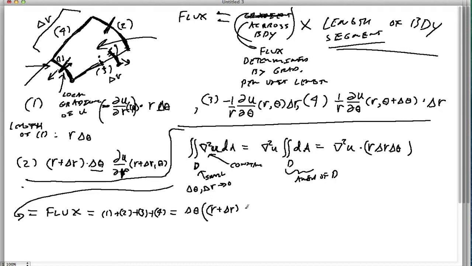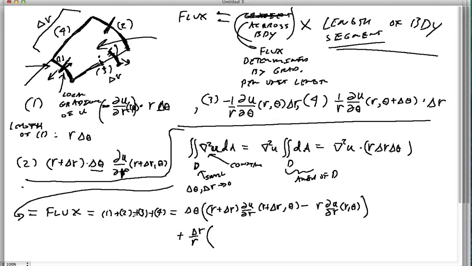And then we have a partial of u with respect to r plus delta r, comma theta, minus r partial of u with respect to r of r comma theta. Okay? And then we go plus 1 over r delta r.